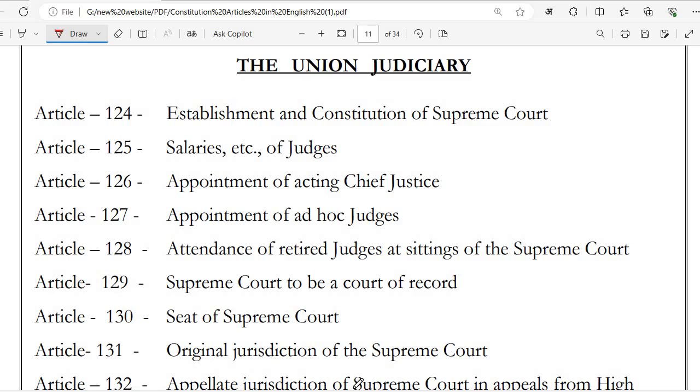Yes. 129, Supreme Court to be a court of record. All the decisions of the Supreme Court are preserved as a court of record for future reference in cases. Seat of the Supreme Court, principal seat in Delhi, and it may be in other cities of India.